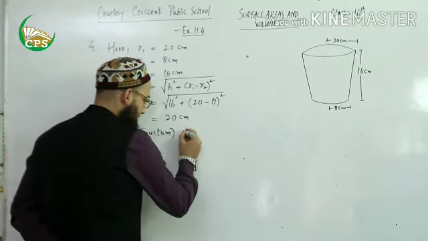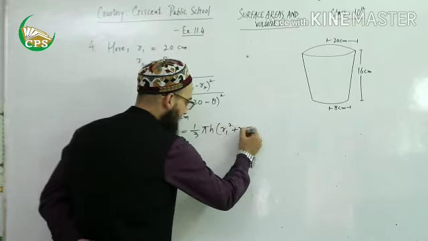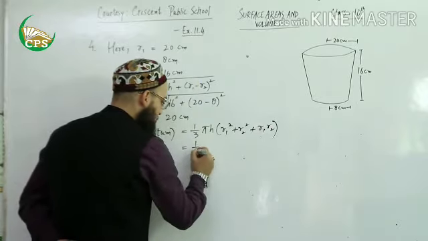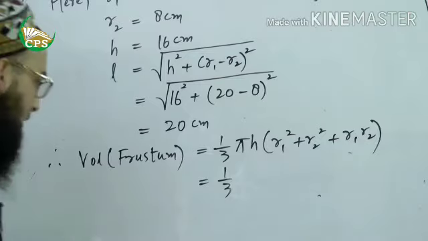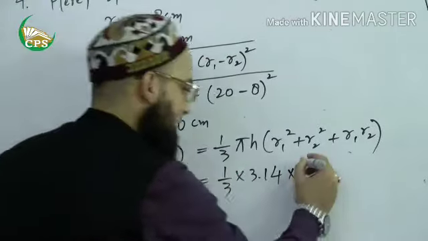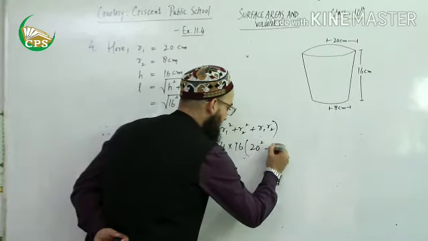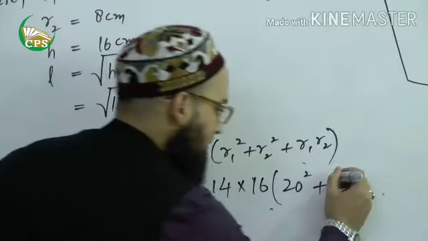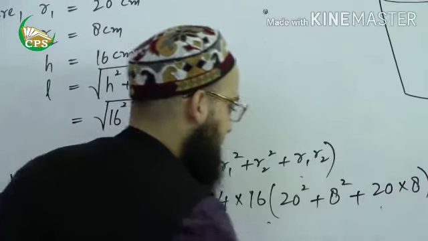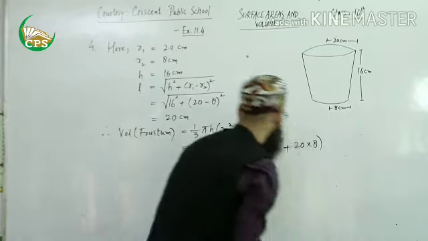You know volume of frustum is 1 by 3 pi h times R1 square plus R2 square plus R1 R2. It says use pi is equal to 3.14, so times 3.14 times h is 16, then R1 is 20 square plus R2 is 8 square plus R1 R2. Now let me solve this.